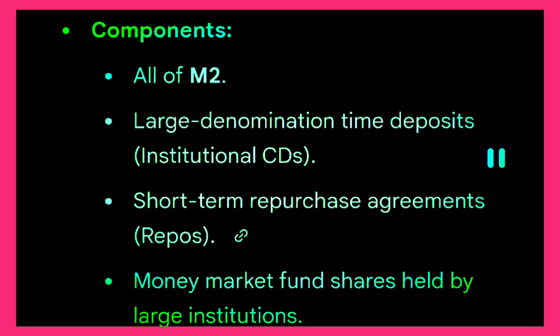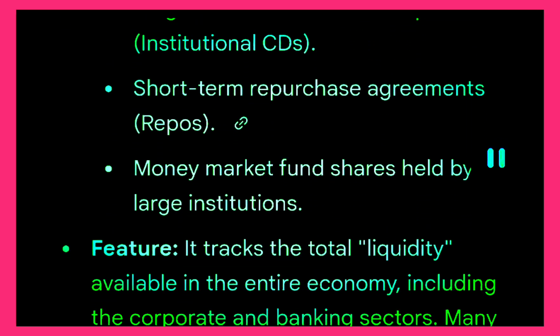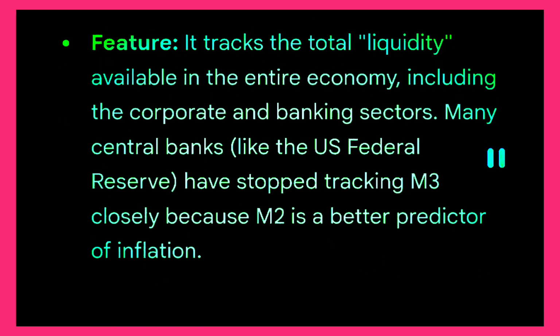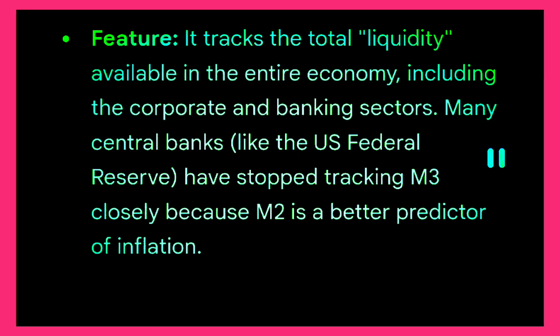Money market fund shares held by large institutions. Feature: it tracks the total liquidity available in the entire economy, including the corporate and banking sectors. Many central banks, like the US Federal Reserve, have stopped tracking M3 closely because M2 is a better predictor of inflation.